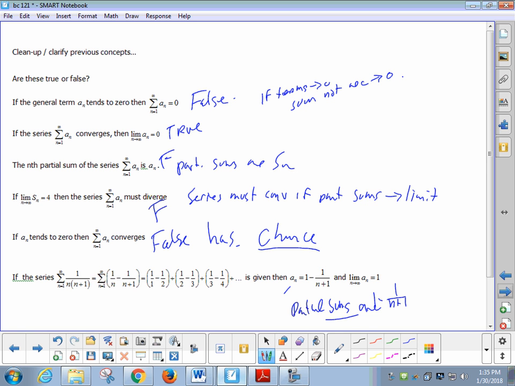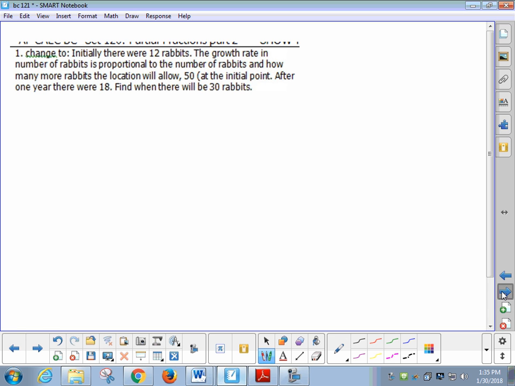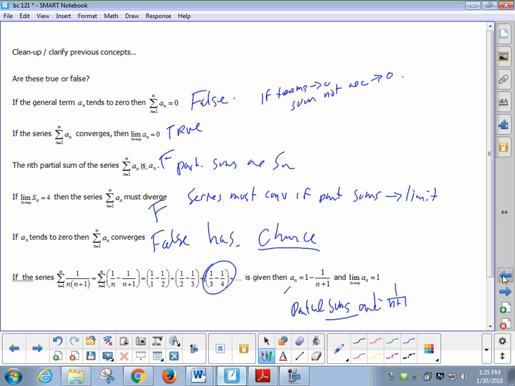Not the terms. You can see the terms are definitely not 1 minus anything. They're totally wacky. Okay? It's the sums. Over and over, distinguish between terms and sum. Terms and sum. Okay?